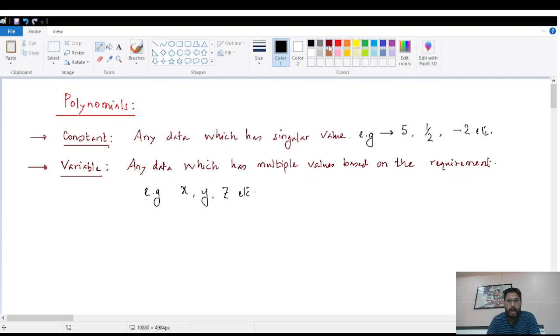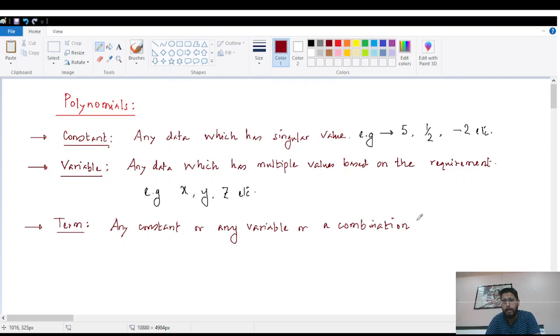These are variables. Now there is another thing which is known as term. Now what is a term? A term is any constant or any variable or a combination. By combination I mean it will be either multiplication or division.